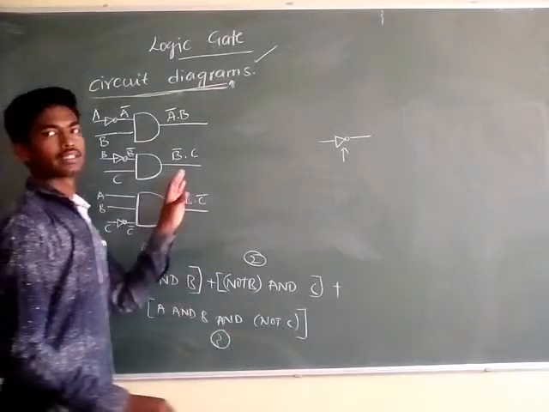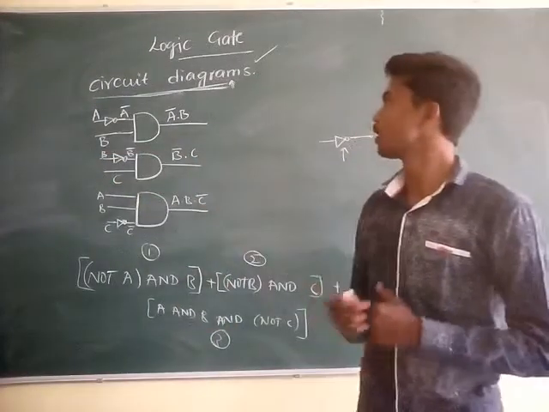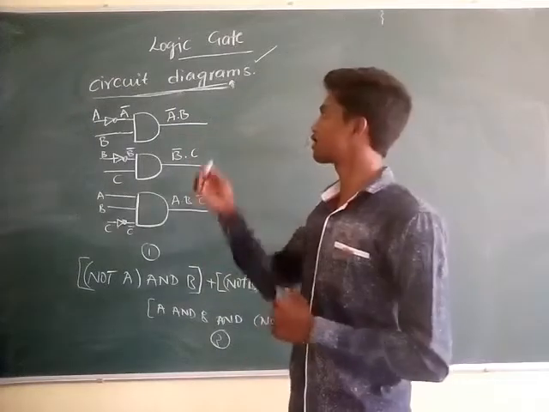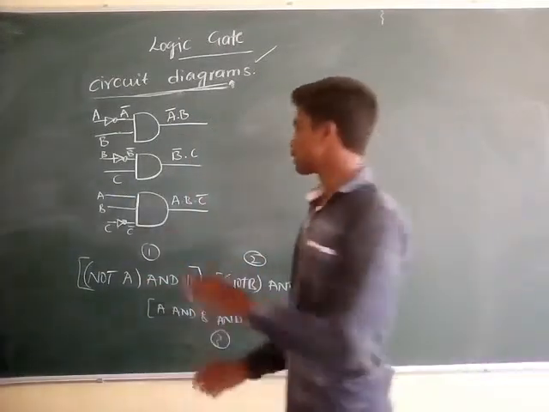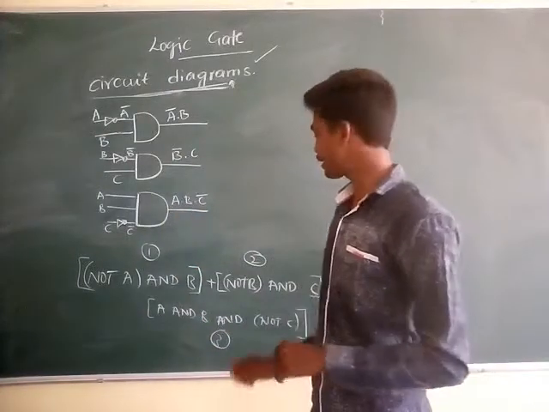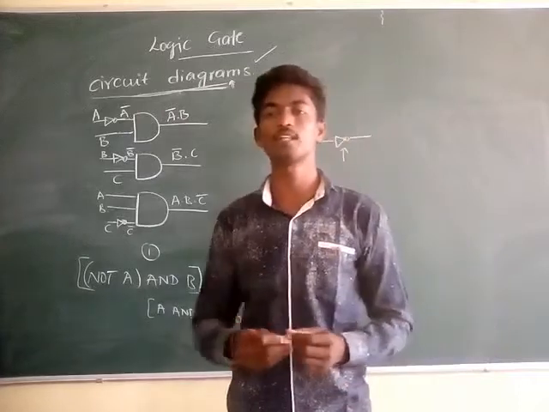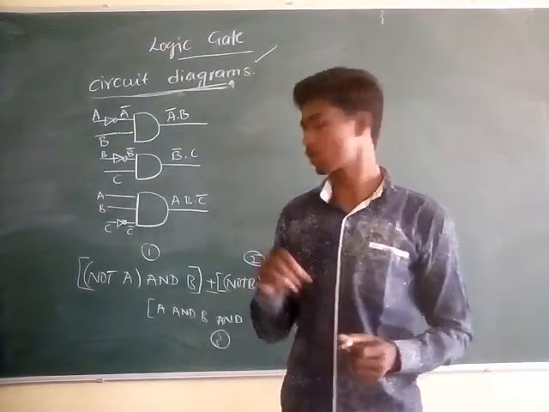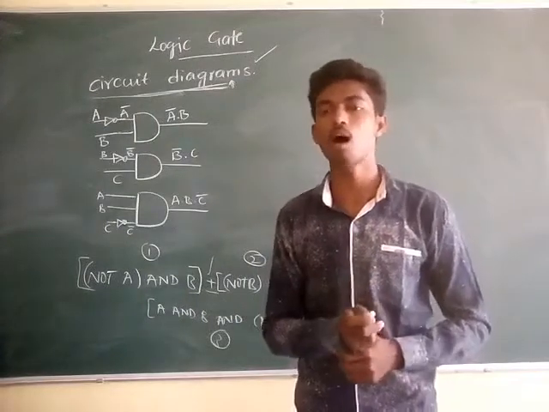Now, we have drawn the circuit diagram for the three AND gates in symbolic format. These three AND gates are connected by this symbol, which represents logical addition, that is nothing but an OR gate.